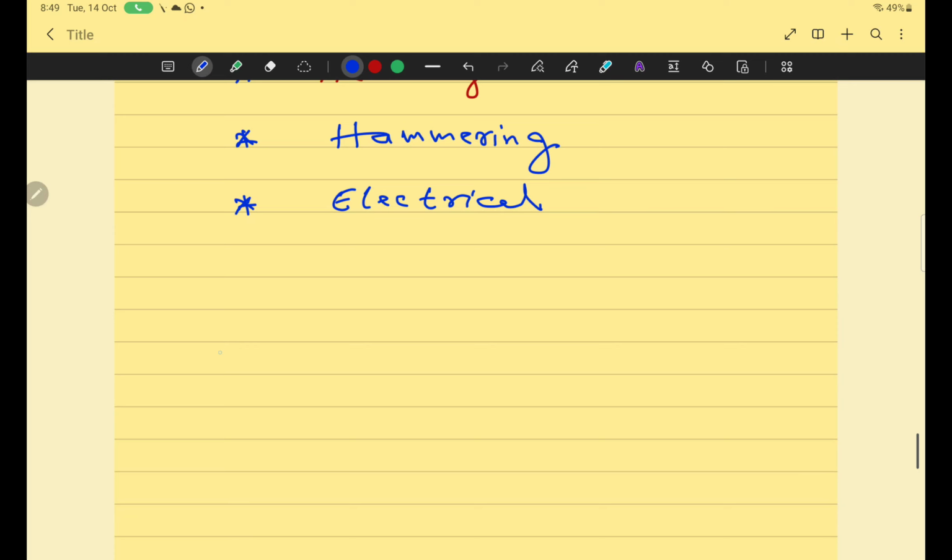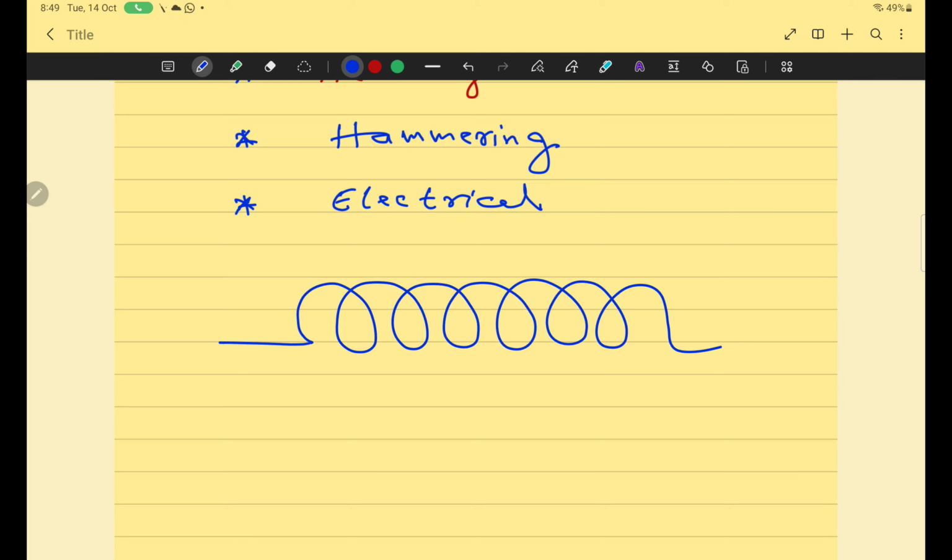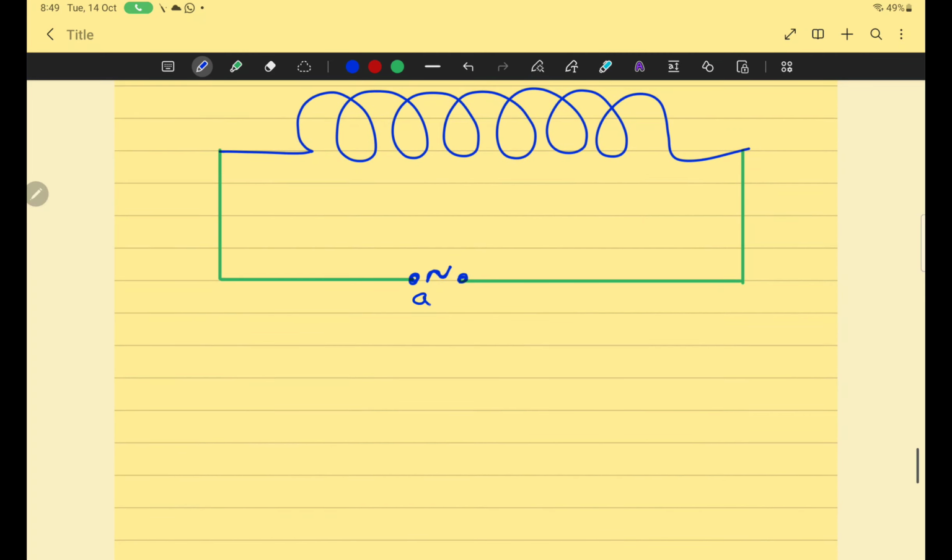Electrical method is, consider this is a solenoid. This is a coil of wire. But this coil of wire is not connected with a cell or a battery. Now it is connected with an AC supply, and a generator produces AC current.